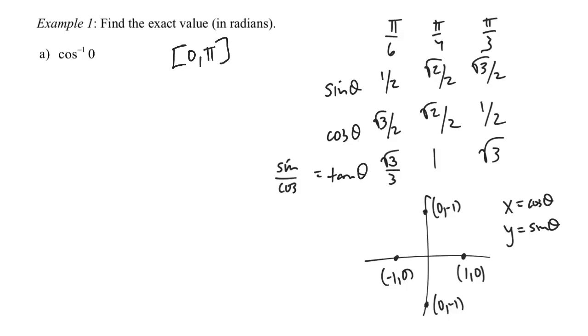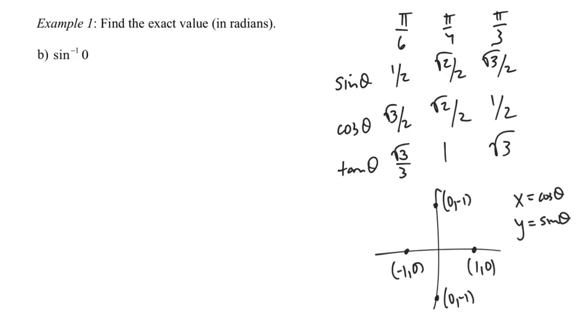And so which of those two answers is between 0 and pi? That would be pi over 2. And so pi over 2 is going to be the answer here because cosine of pi over 2 is equal to 0, and pi over 2 is in the range of inverse cosine.